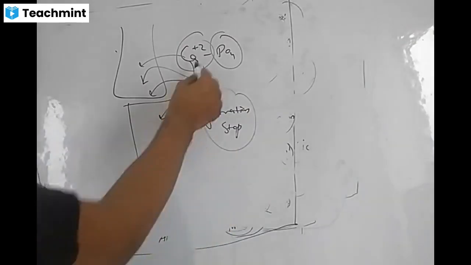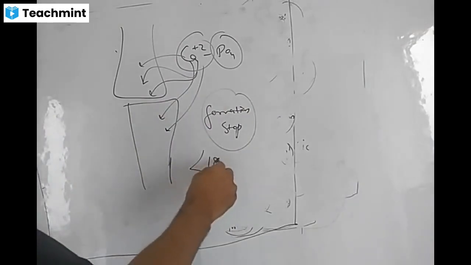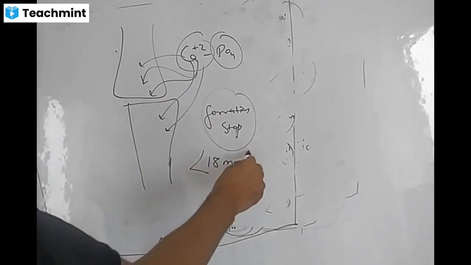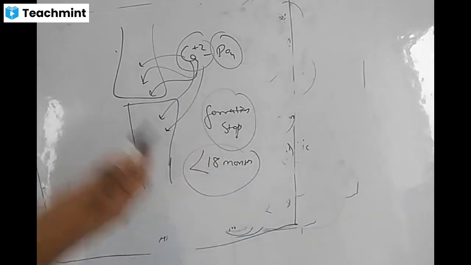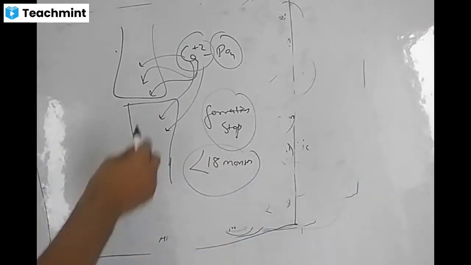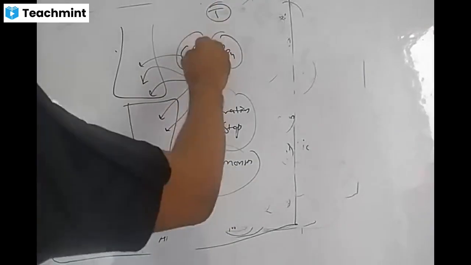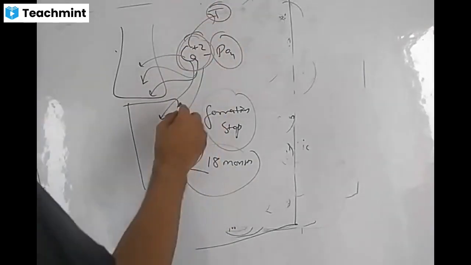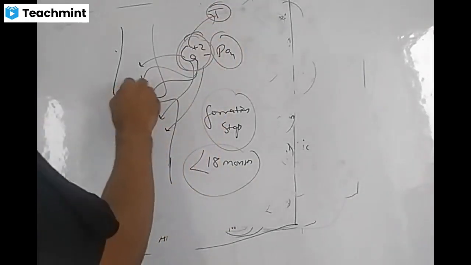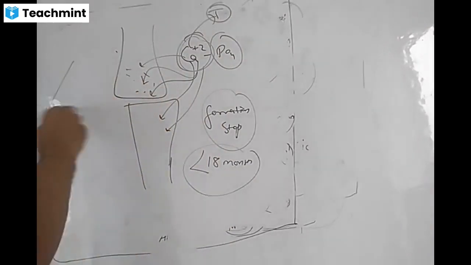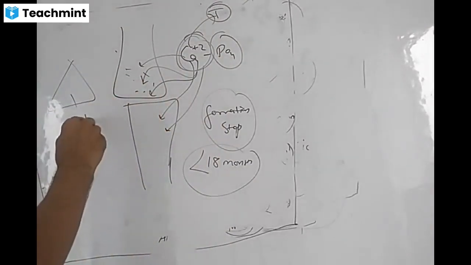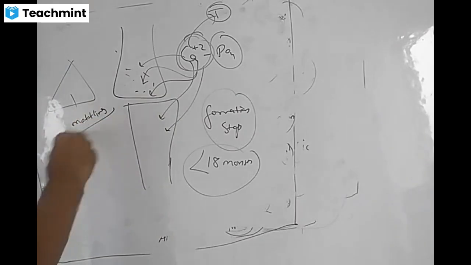So we call these under 18 months, means young age, when there are developing teeth and developing bones, your tetracycline chelates the calcium, and in case of teeth they may cause mottling of teeth.